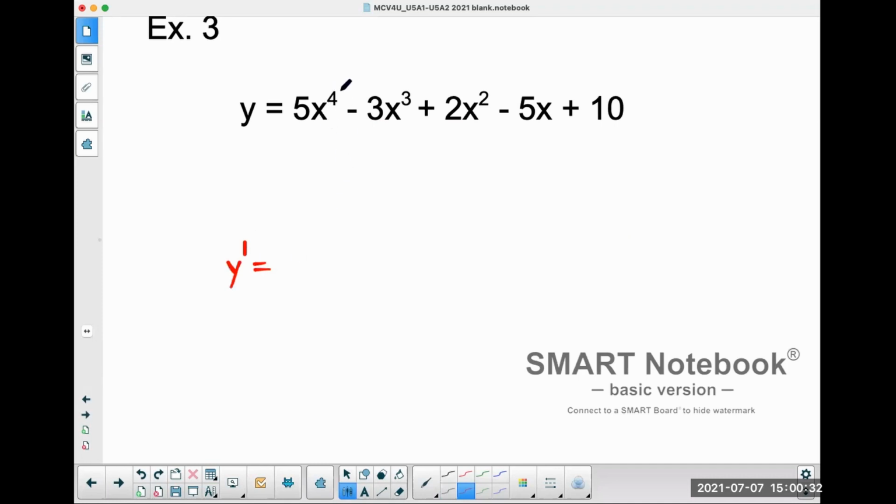Anytime you have x raised to the power n, you apply the power rule. Keep in mind what a constant will give you and what x to the power 1 is going to give you, right? And you should be able to find this really, really fast.